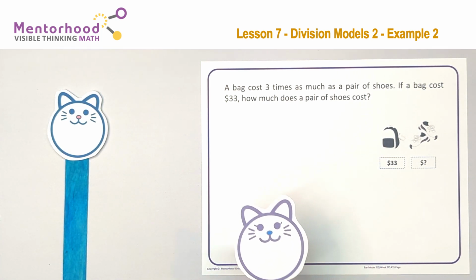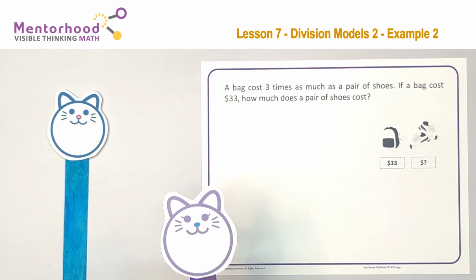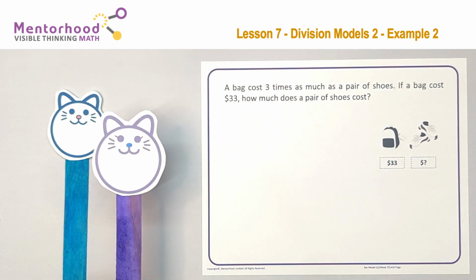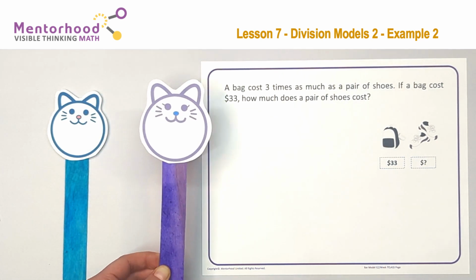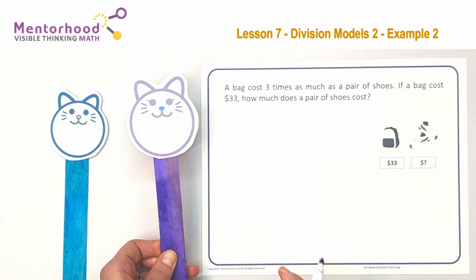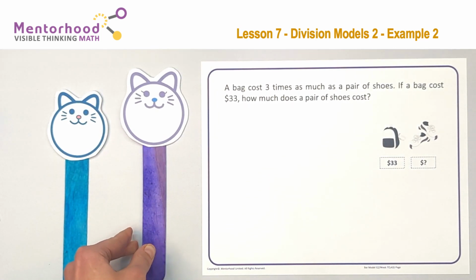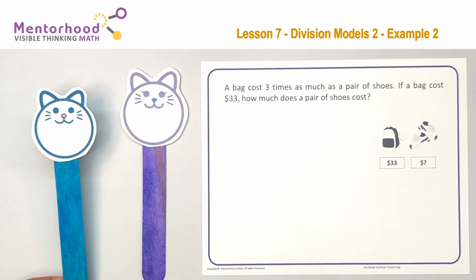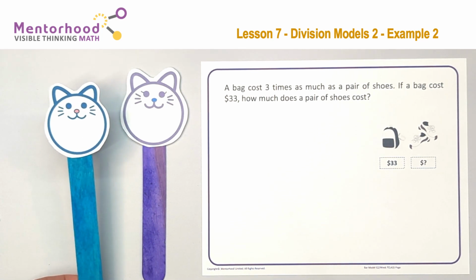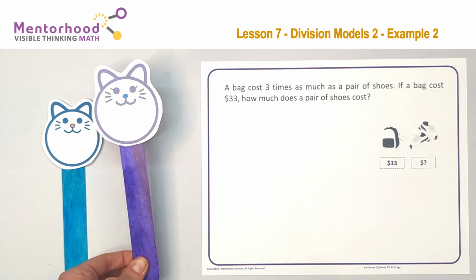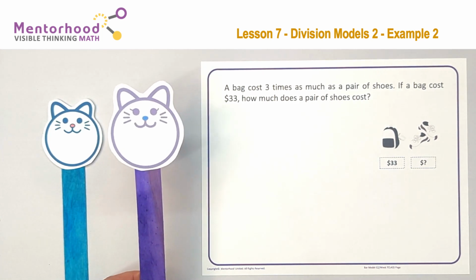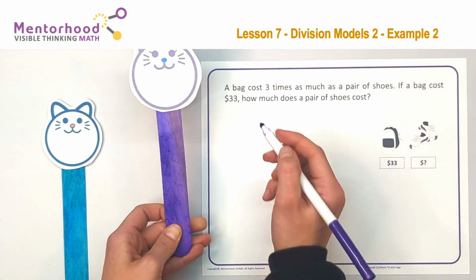Now, how did we do a comparison model? Let's review, because we touched on it very briefly in the introduction. Which one is more, the bag or the shoes? The bag? Because it's 3 times as much? That's exactly right, the bag. So that's going to get the bigger bar.